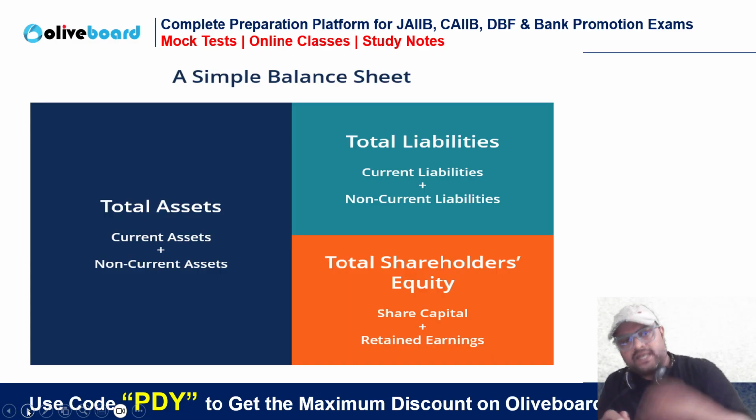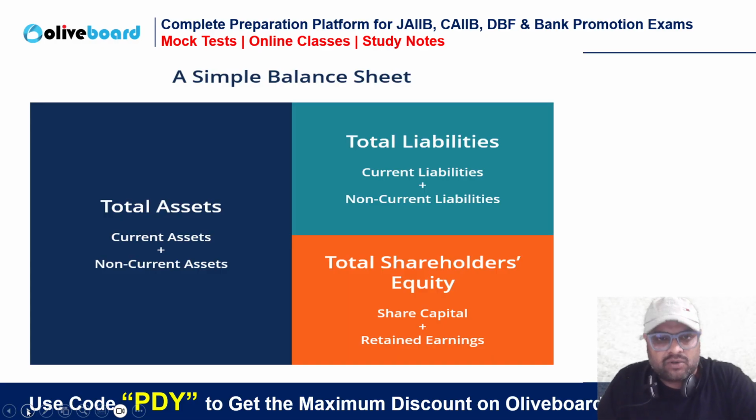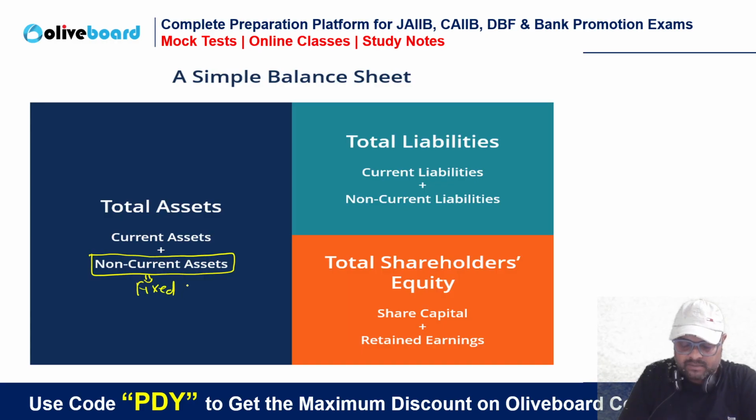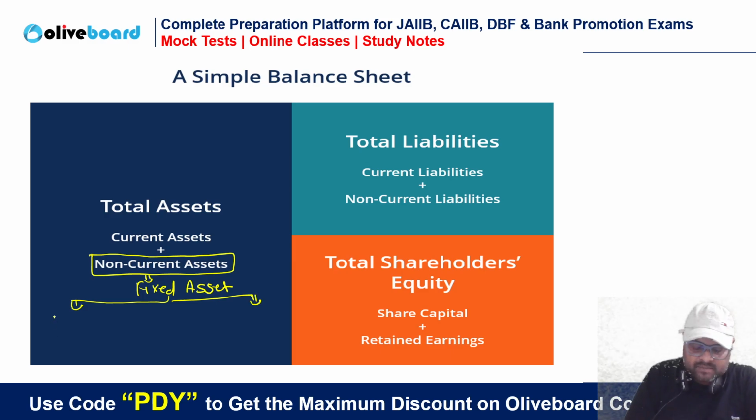So the presentation of a simple balance sheet looks like that, which I have already told you. Remember the meaning of non-current asset. Non-current asset is fixed assets. Now that fixed asset may also be classified into two categories.